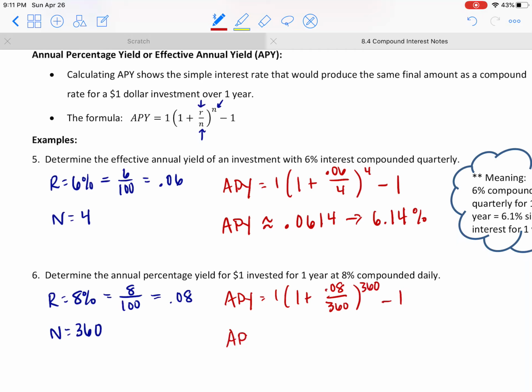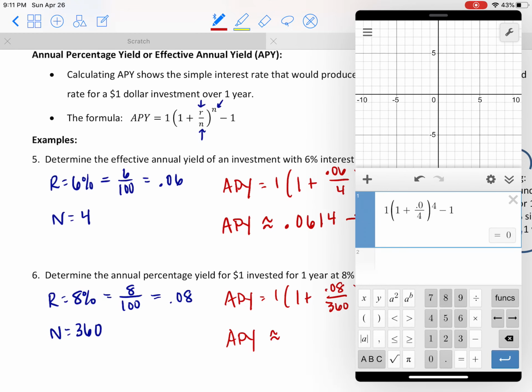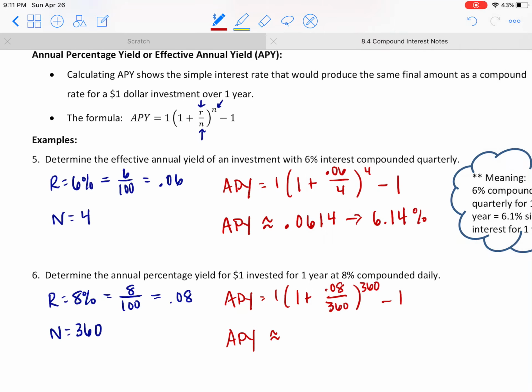So in this case, our APY is 1 times 1 plus 0.08 over 360 raised to the 360, and then minus 1. So let's just alter this here. This is 8 this time, and this is 360, and this is 360.